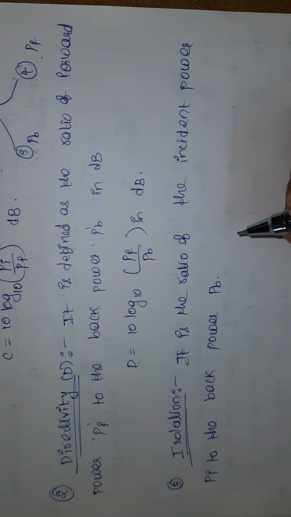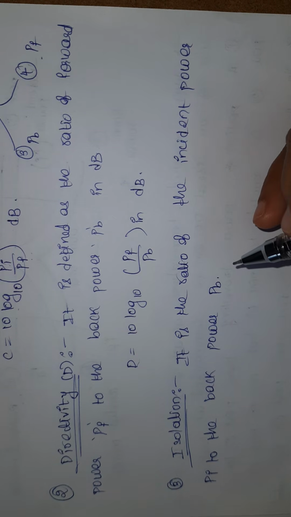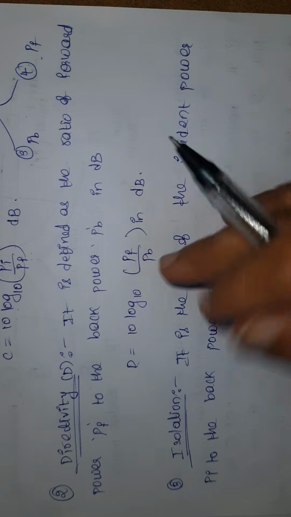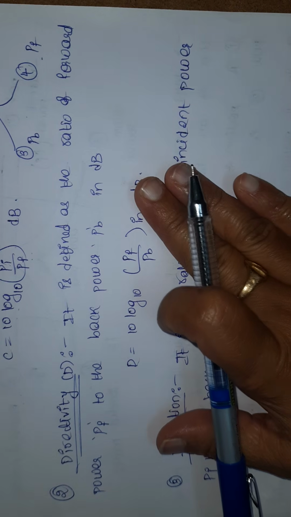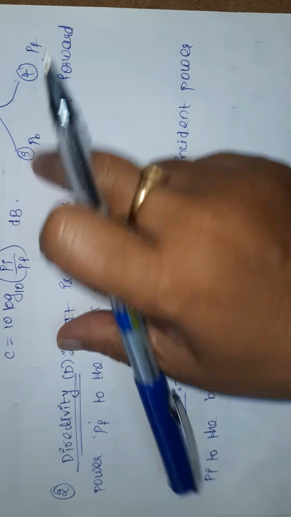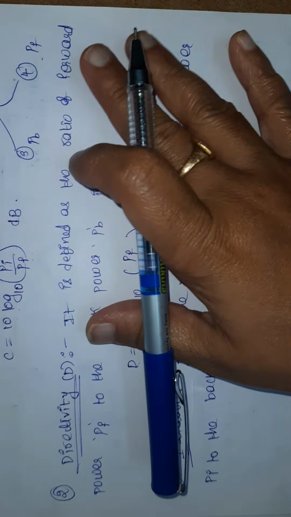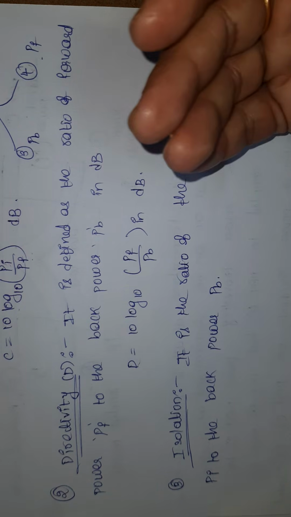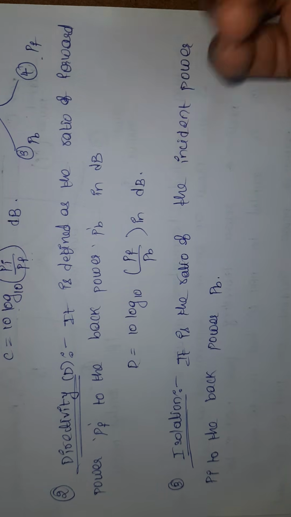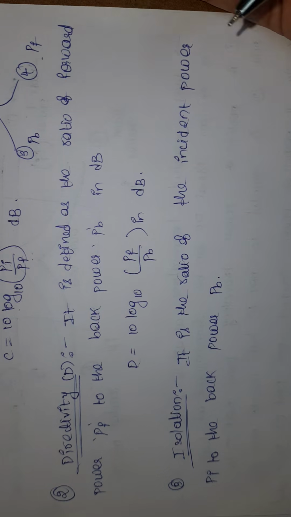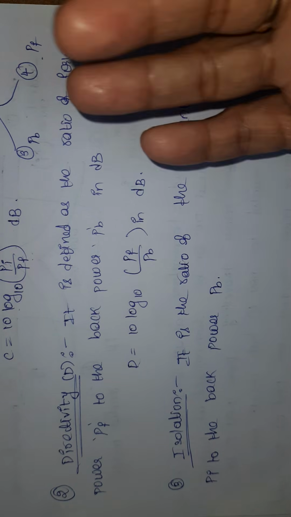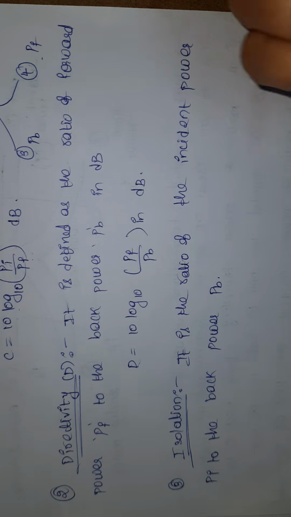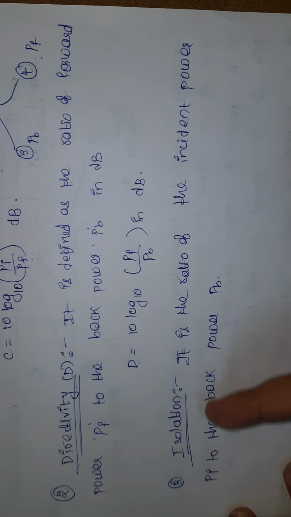As we already discussed in the introduction of this session, ports 1 and 3, and 2 and 4 are decoupled ports, meaning there is no transaction directly between them. How well these ports are isolated is given by the isolation parameter.